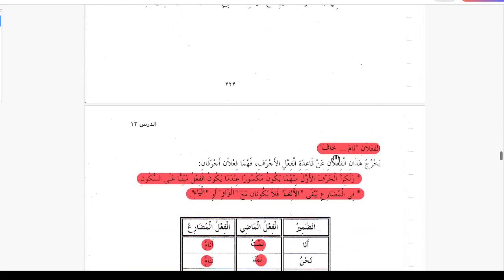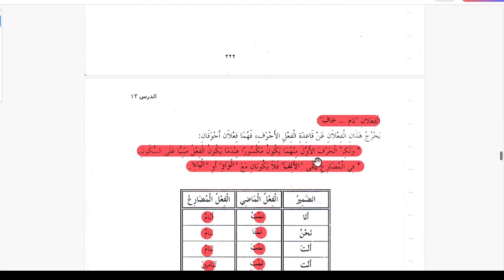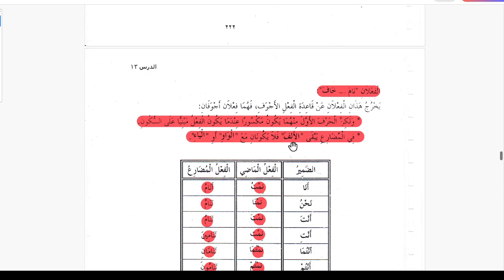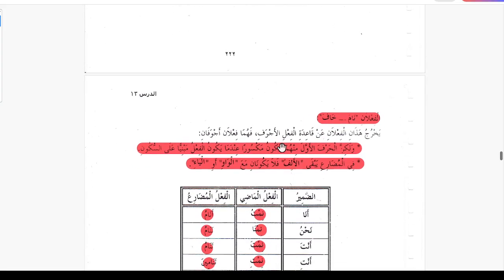But in the case of nama or khafa, harful awwalu minhuma yakunu maksurun indama yakunu fi mabni ala sukun. So it is not taking the kasra when it is mabni ala sukun, and fil mudari yabki alif la yakunani ma al waw or al yaw, and in the mudari the alif remains ma al waw and al ya.